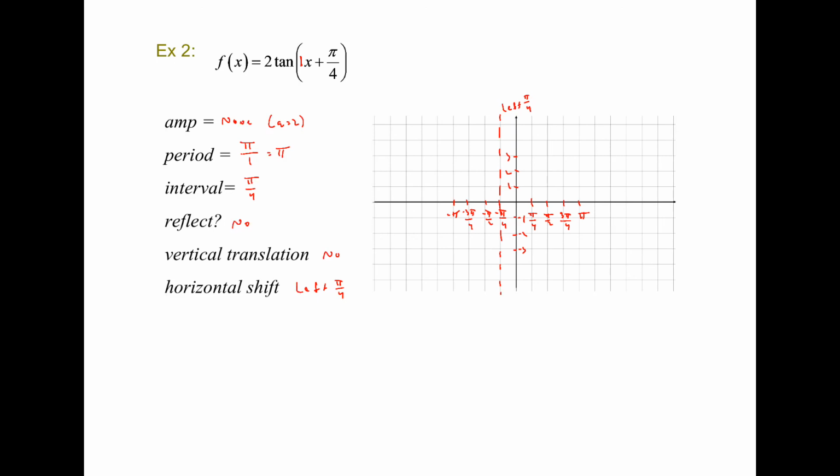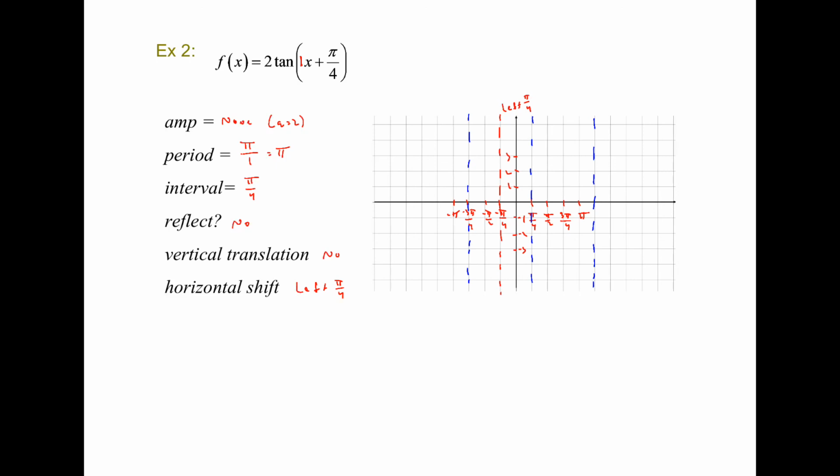So remember, your asymptotes occur 2 to the left and 2 to the right of that middle. So 1, 2, 3, 4. We'll have one more all the way over here at 5 pi over 4. And that'll give us 2 periods to graph. So we're going to plot the points in the middle.